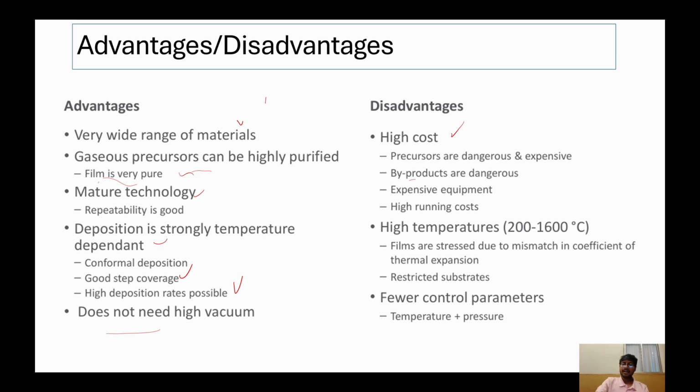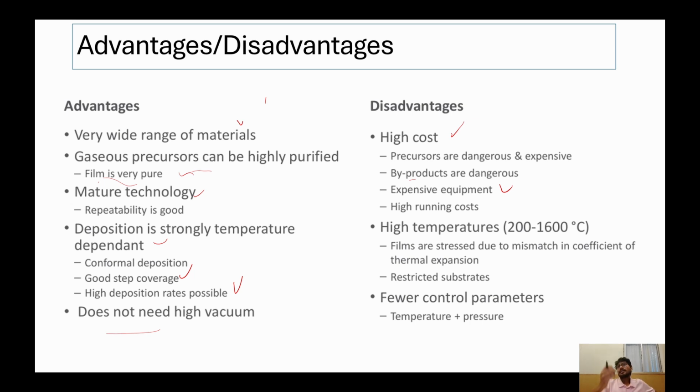Okay. And expensive equipment, because sometimes you need to work at high vacuum, so you should have two kinds of chambers. One is a load lock, and another one can run at normal vacuum.